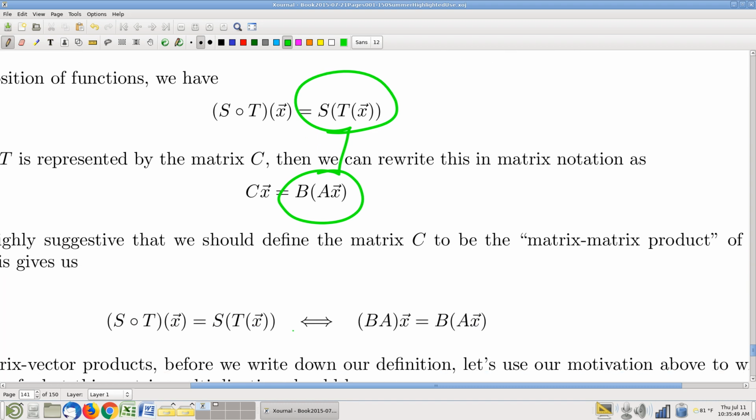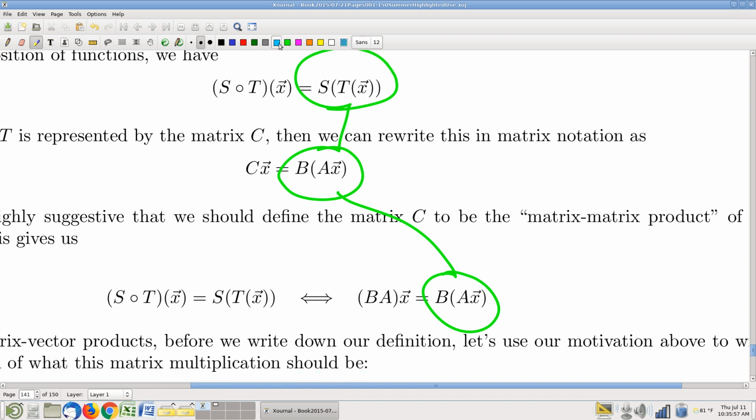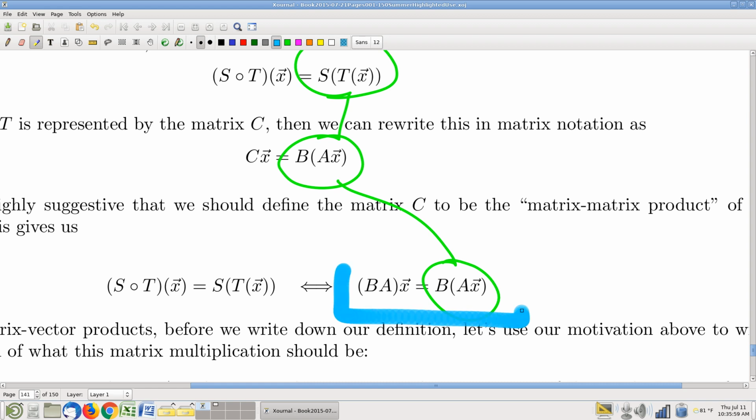And let's think about that thing. Man, when it comes time to define matrix multiplication, I sure hope that this associativity property would be true. Now, I guess we don't have to define matrix multiplication this way, but it'd be a weird kind of algebra if you couldn't use associativity.